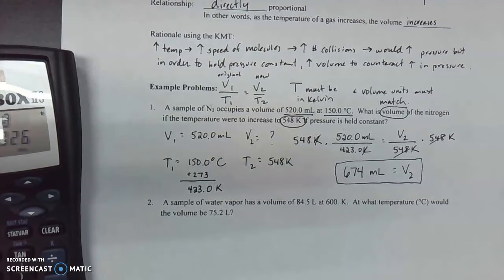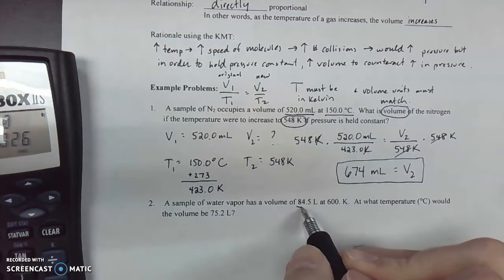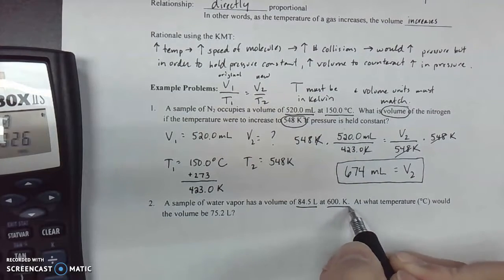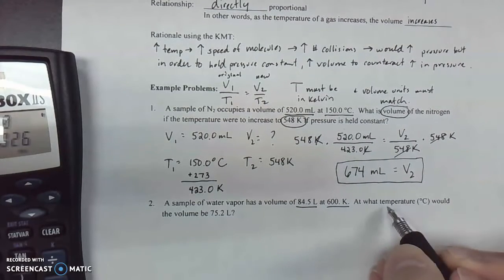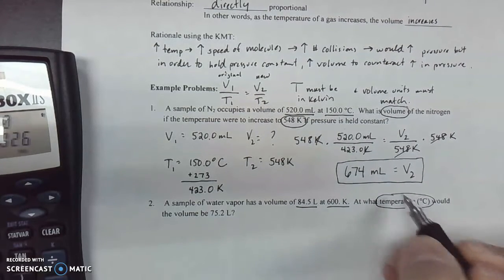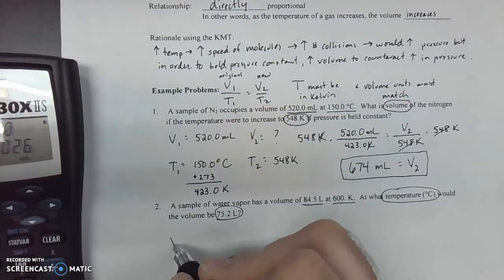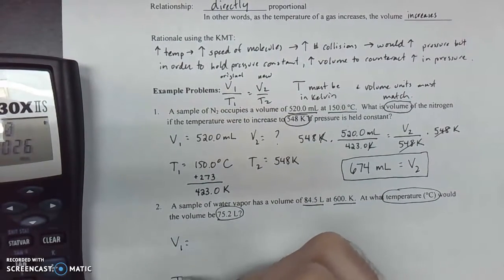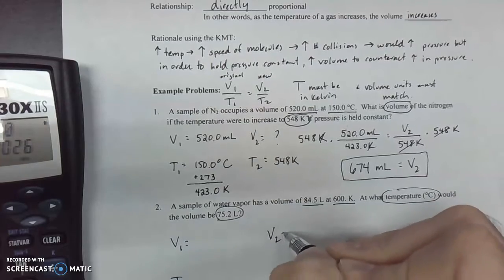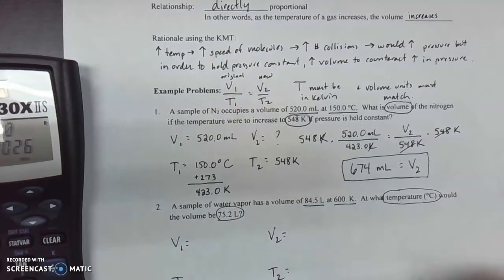Let's look at example number 2. Here we have a sample of water vapor with a volume of 84.5 liters at 600 Kelvin. So here is our volume and our temperature. At what temperature in degrees Celsius would the volume be 75.2 liters? So volume 1, temperature 1, volume 2, temperature 2.